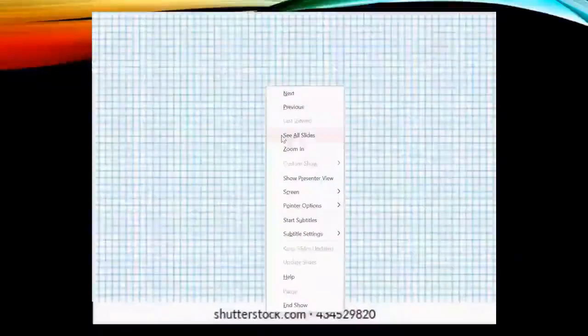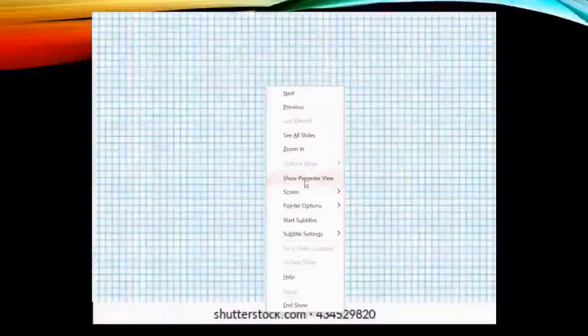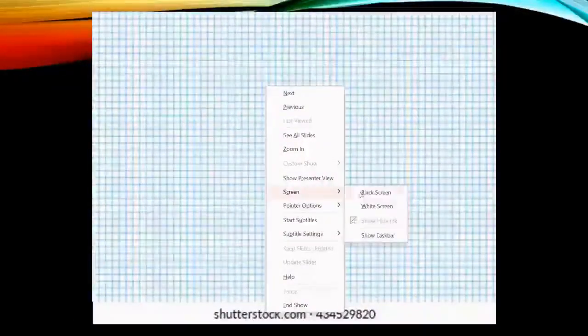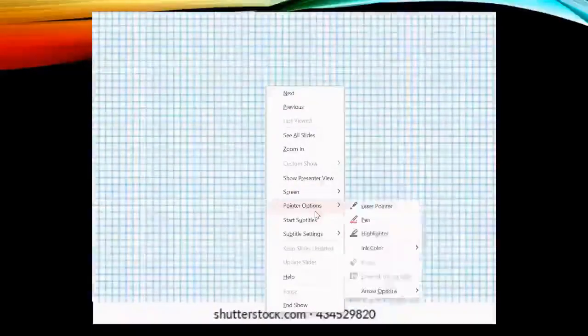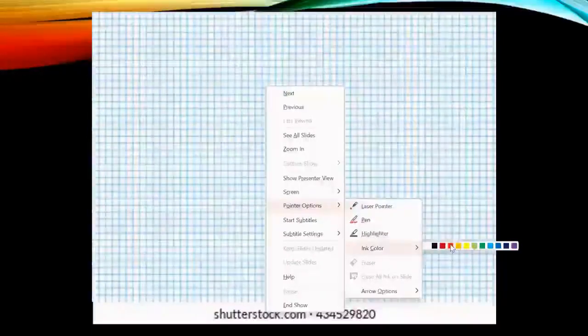Now we are going to draw the diagram. First of all, it is required to draw the bar chart. Now I am going to use this.